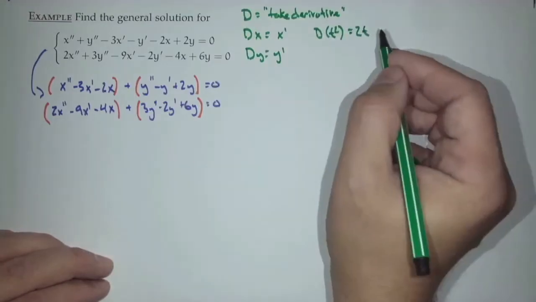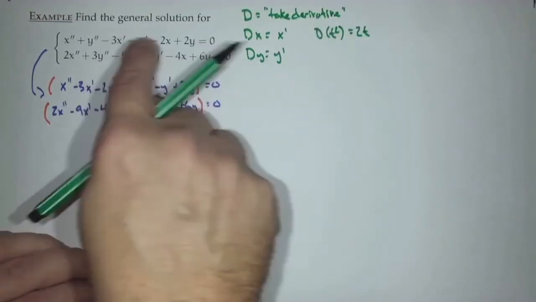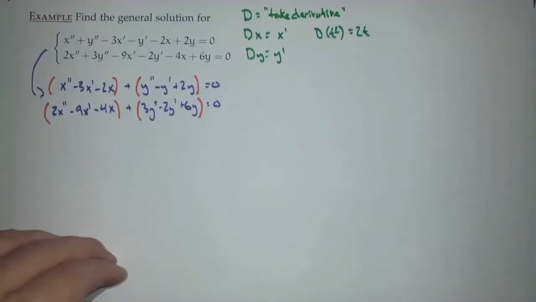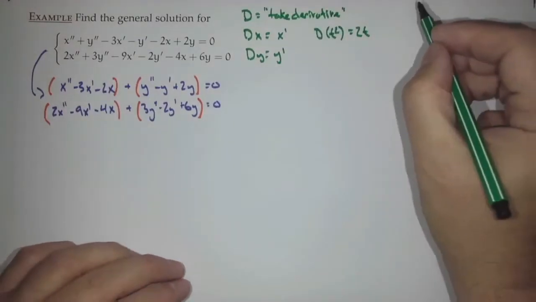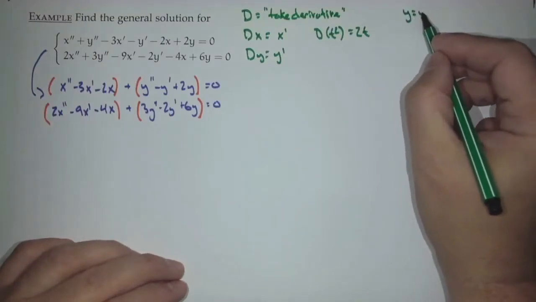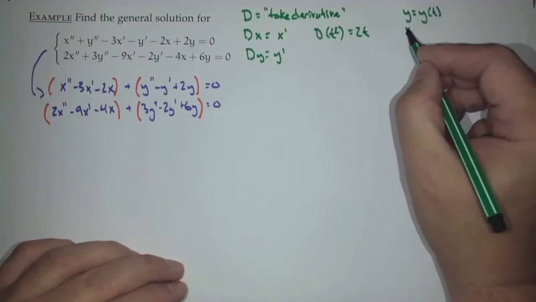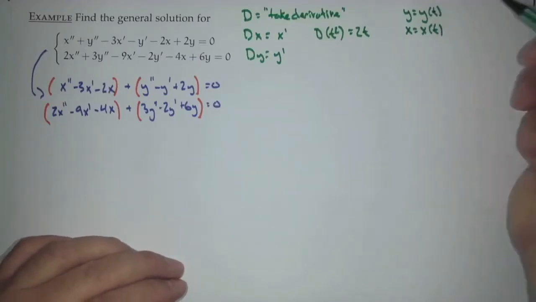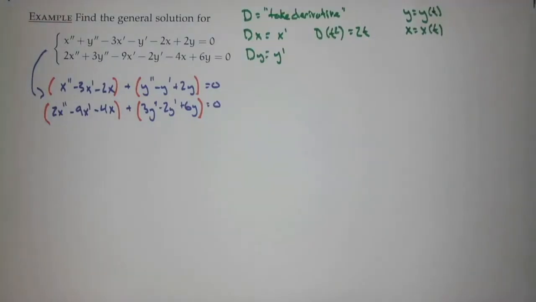2t. And I should say here in this problem, even though it's not said explicitly, we're not thinking of y as a function of x here. We're not thinking of x as a function of y. When we talk about systems of equations, we're really thinking of them as being functions of some other variable. So y is some function of t, x is some function of t. You might say, why t? And the answer is, well, it's just a symbol.